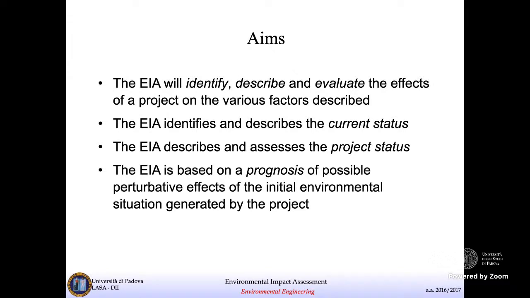It then describes and assesses the project status, that is, what will happen to the environment during the implementation of the human project. The assessment is based on a prognosis of possible perturbative effects on the initial environmental situation generated by the anthropic project.